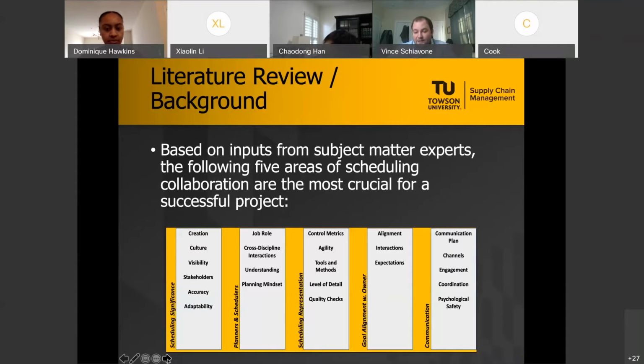If you take a look at the graphic here, on the left side of each of these rectangles are the pillars: scheduling significance, planners and schedulers, representation, goal alignment with owner, and communication. We found that with our group, these 5 pillars were the main aspects of collaborative scheduling, with different swim lanes, as we called them, underneath each pillar that could affect the outcome of any one of these categories. So after we got agreement for this, next slide, please.